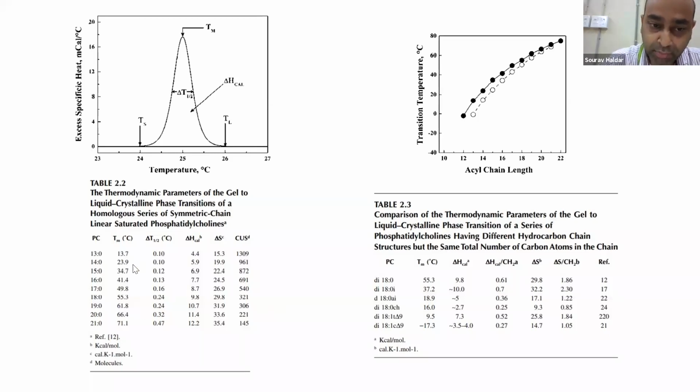We also briefly discussed that the phase transition can be very easily determined by a thermodynamic technique called differential scanning calorimetry, or DSC in short. But there are other indirect spectroscopic methods which will also allow us to determine the phase transition temperature, or characterize the phase of the membrane.